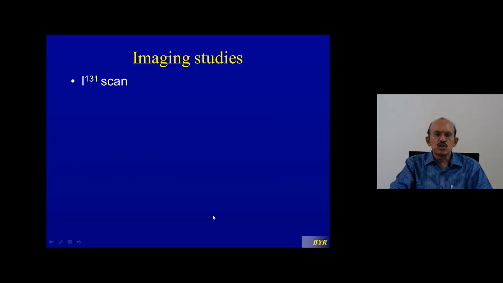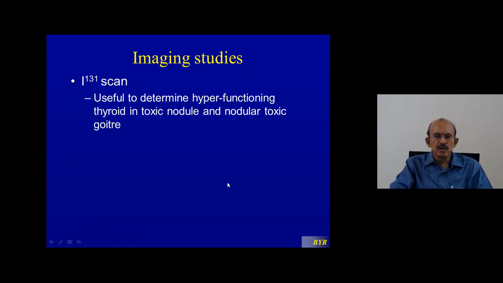Then radioisotope scan, that is the I-131 scanning. It is useful to determine hyperfunctioning thyroid in toxic nodule and nodular toxic goiter. I hope you understand the meaning of the isotope scanning. What is an isotope?